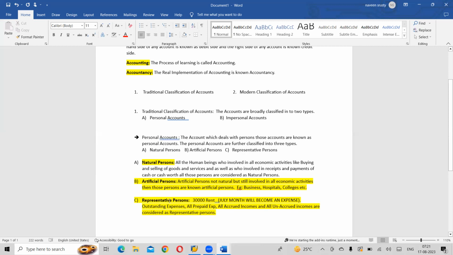Then that is considered as representative persons. All outstanding expenses, prepaid expenses, accrued incomes, and unaccrued incomes. Any questions here? Is this clear now? Yes, got it. Again, we will discuss this when we do our open item management part. Meanwhile, try to understand this.